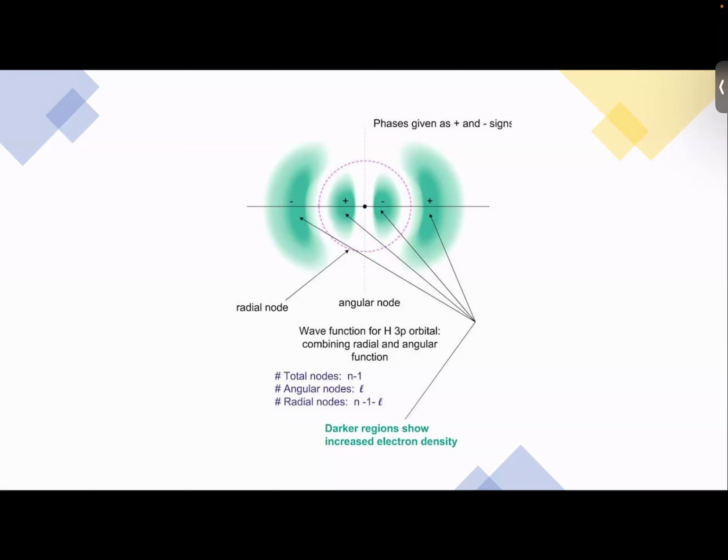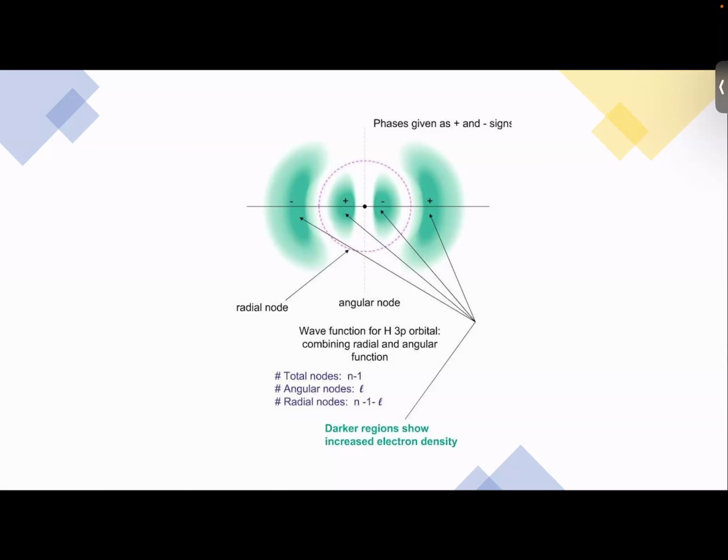Again, we do not have an L of 1, which is what a p is, until we get to the second shell. So this inner one has to be a 2p, and then further out is the 3p. So that is how I knew it was a 3p.